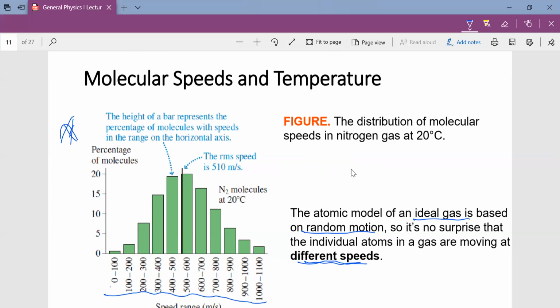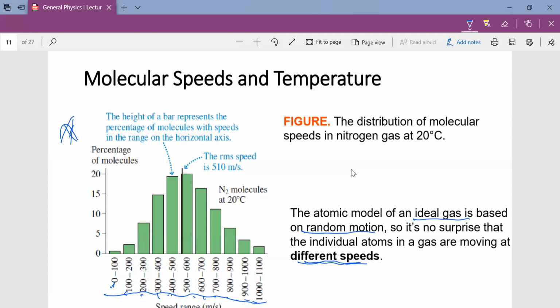The range of the speed for each particle falls within this range as represented in this histogram. So we have the percentage of the particles and then their speed.